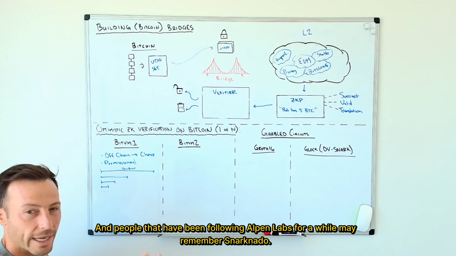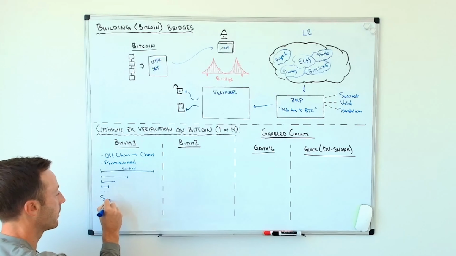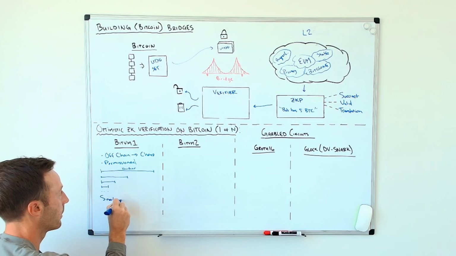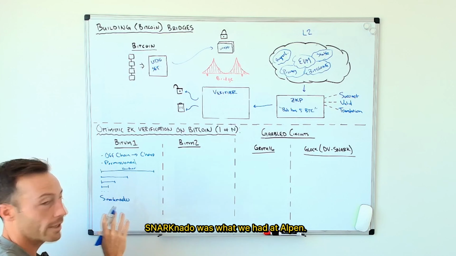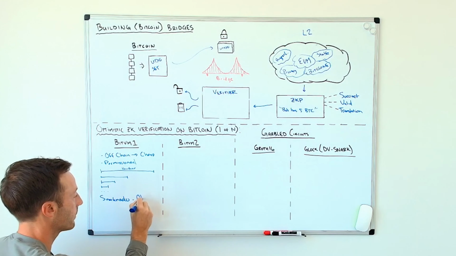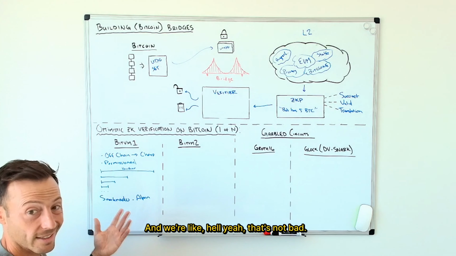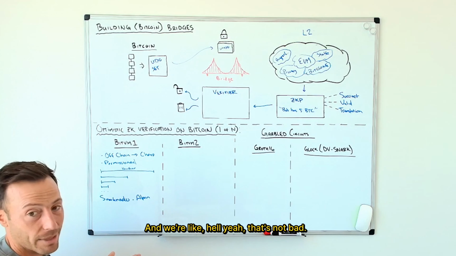People that have been following Alpen Labs for a while may remember Snarknado. Snarknado was what we had at Alpen, and this brought it down to 4 weeks, to 4 rounds. And we're like, hell yeah, that's not bad.